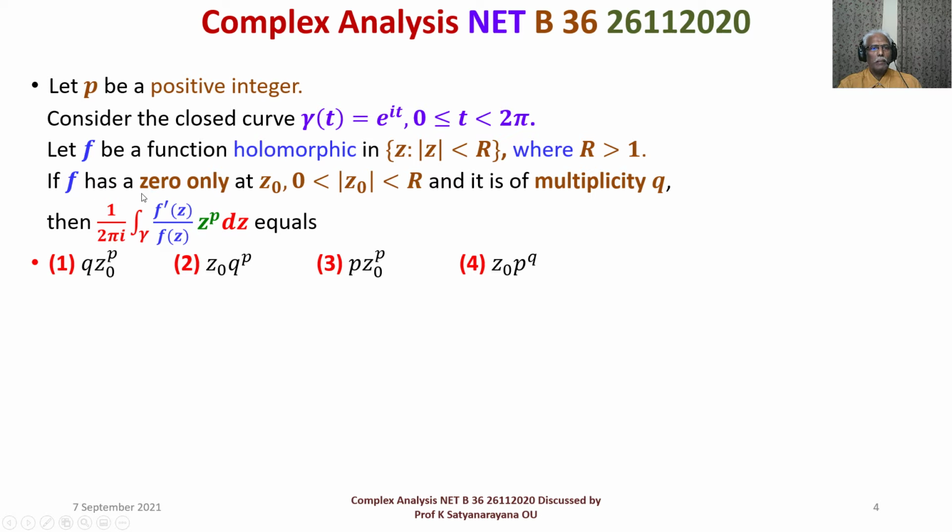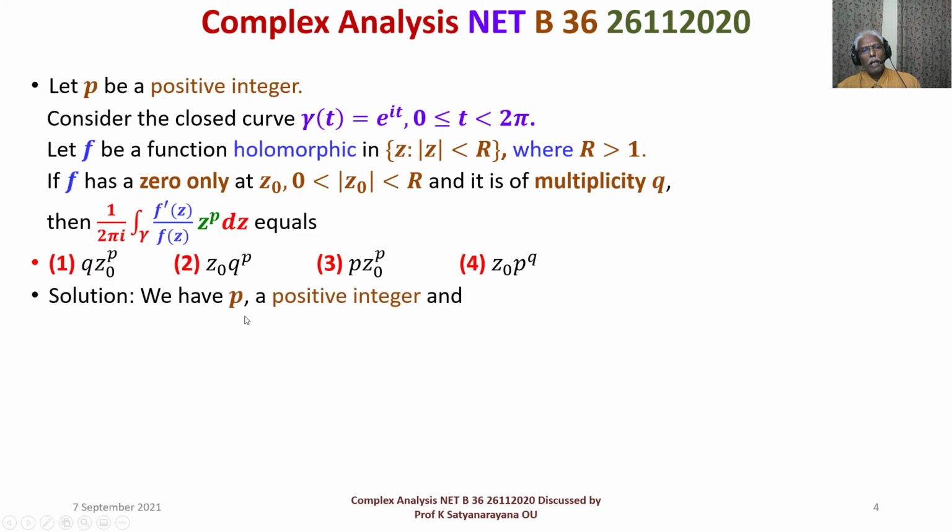If f has only one zero at z0, where 0 < |z0| < R, and it is of multiplicity q, then (1/2πi) times the integral taken round gamma of f'(z)/f(z) z^p dz equals.